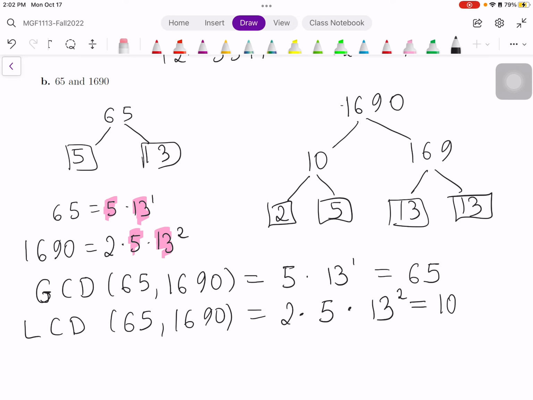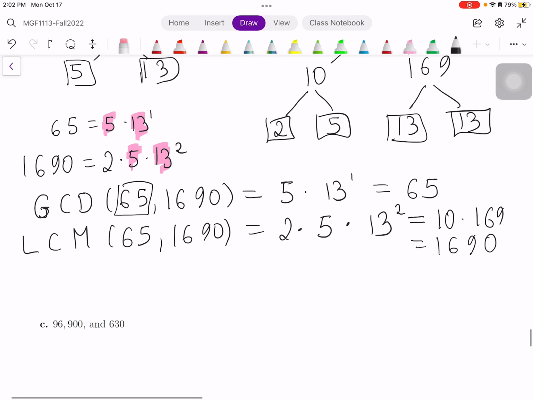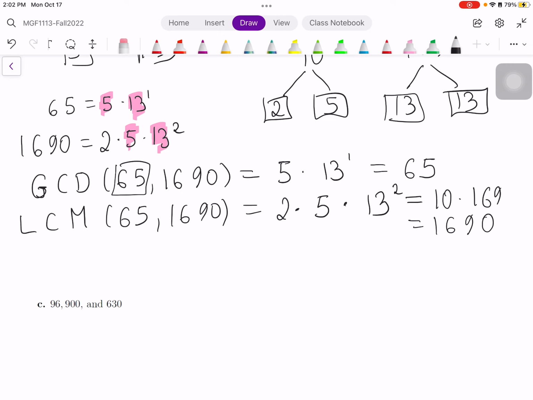So that's going to be 10 times 169, so that's going to be 1690. And it does make sense, because if the greatest common divisor is 65, basically if 65 is a divisor of 1690, then 1690 is already a multiple of 65, and therefore is the least common multiple. I meant to write here multiple. Okay.